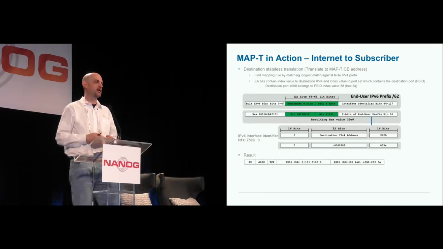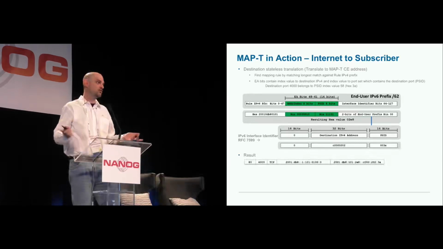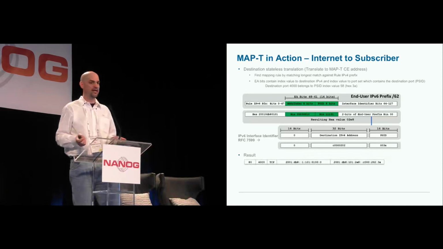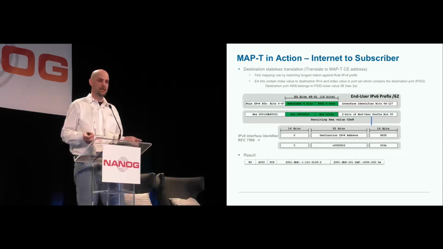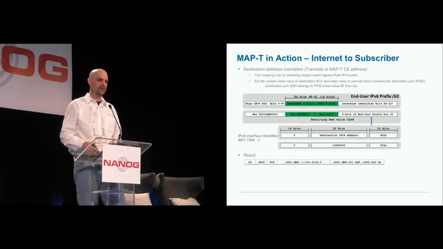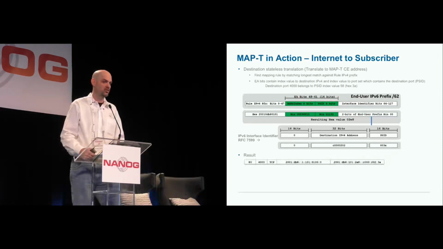Well, in our particular case, the rule IPv4 prefix is a /24. In a /24, all the unique addresses can be represented by 8 bits. In our case, it's 192.0.2.2, so it's index value 2 for that IP address. We populate those bits within the EA bits, and we move on to the port set identifier section of the EA bits.